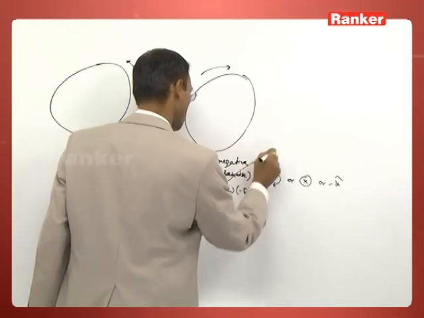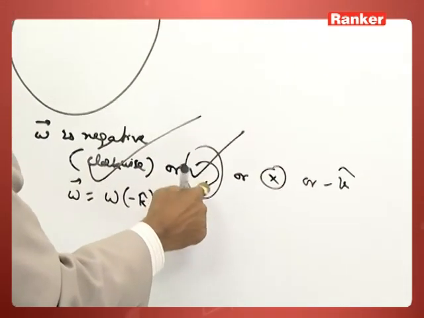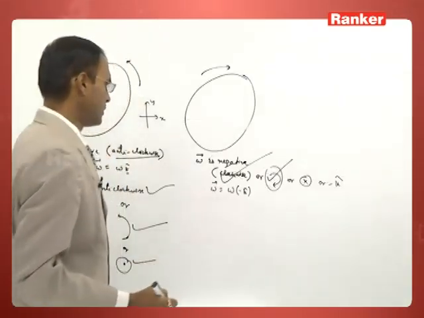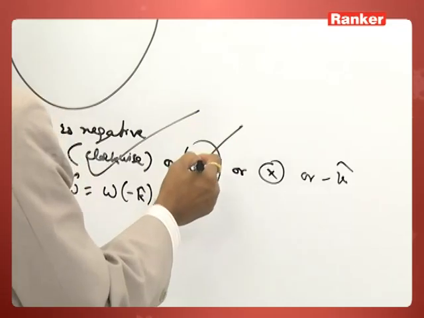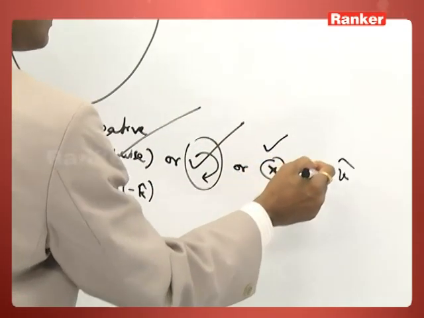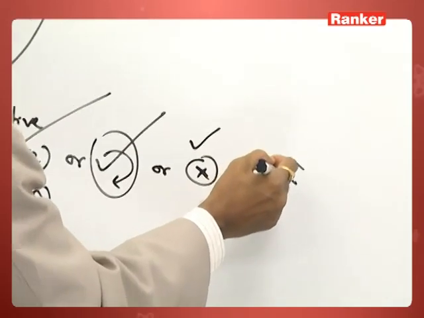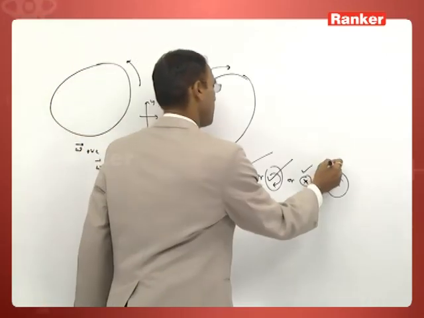You can choose to write clockwise, or you can choose to give the geometrical symbol, the curved arrow in the clockwise sense, or you can put the into sign, or you can write minus k cap. It's your choice.